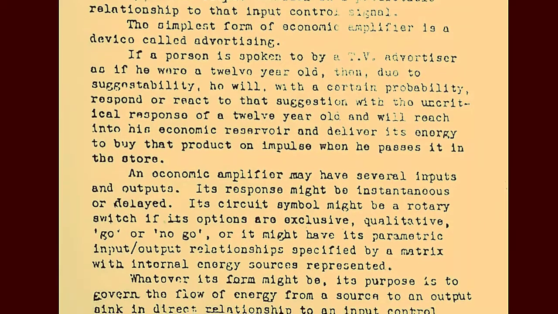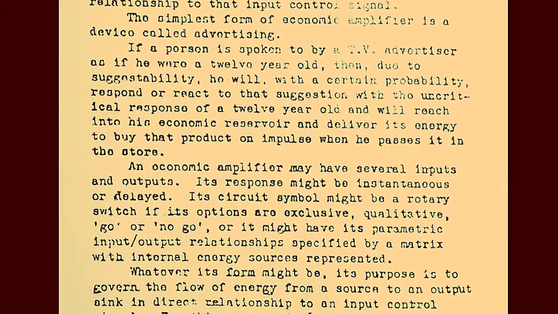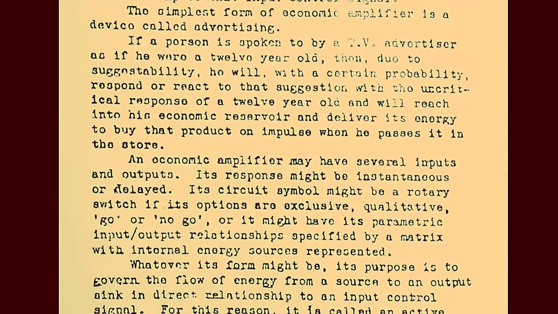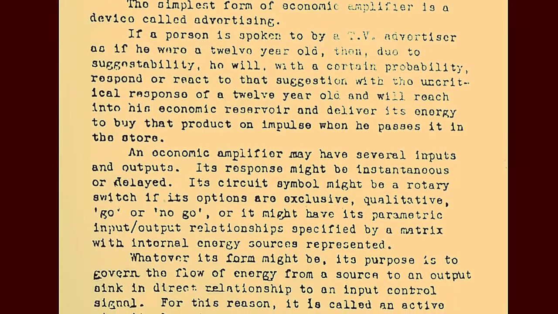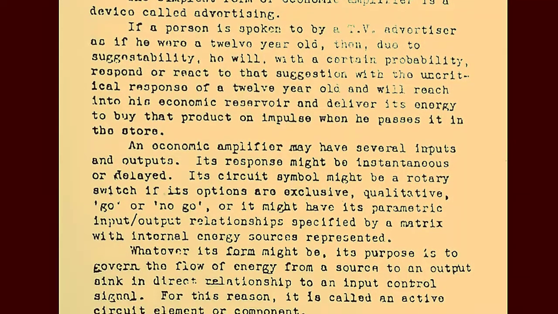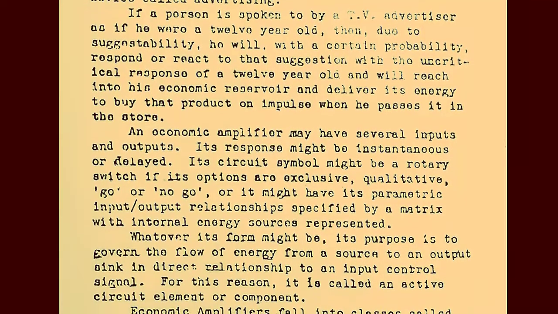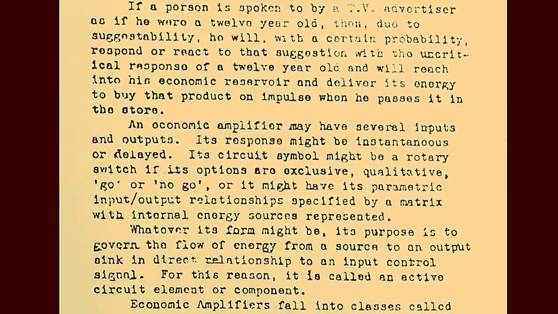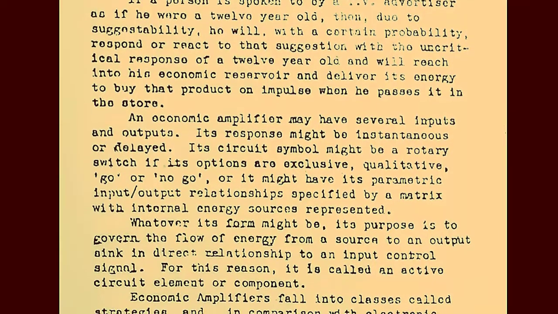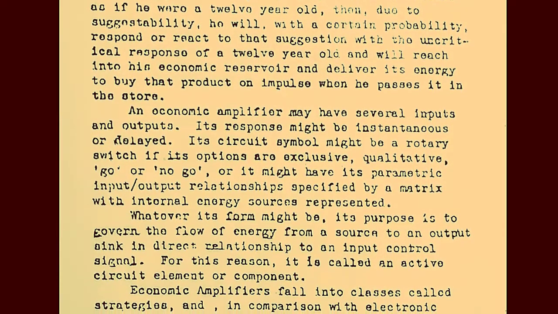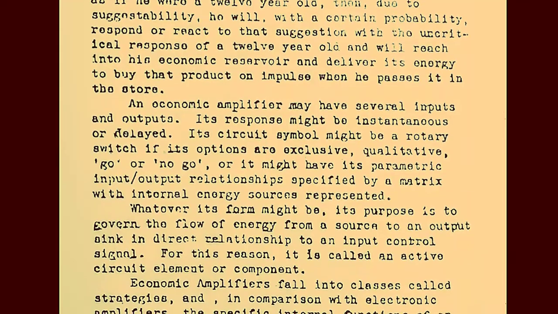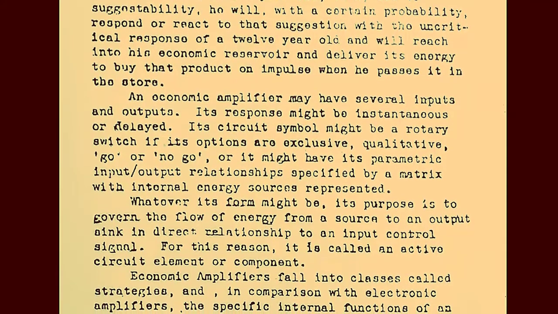An economic amplifier may have several inputs and outputs. Its response might be instantaneous or delayed. Its circuit symbol might be a rotary switch if its options are exclusive, quantitative, go, or no-go.